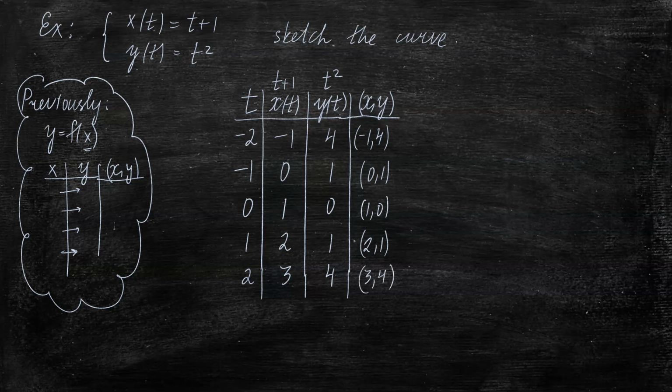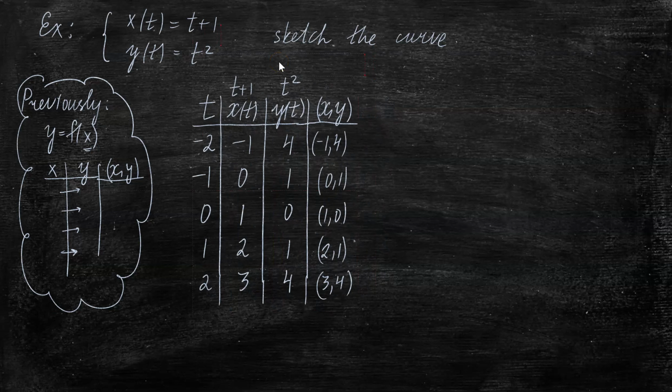And what can we do now with these points? Of course, we can graph them. So let's imagine we have the xy coordinate plane, and let's plot these points. So let's introduce the axes. So we have -1, 4, 1, 2, 3, 4.